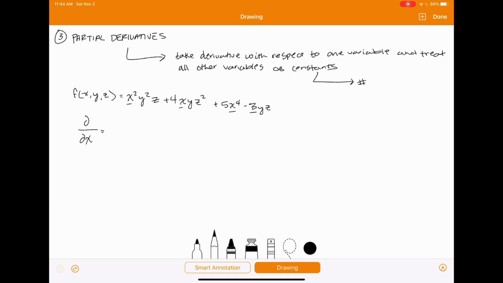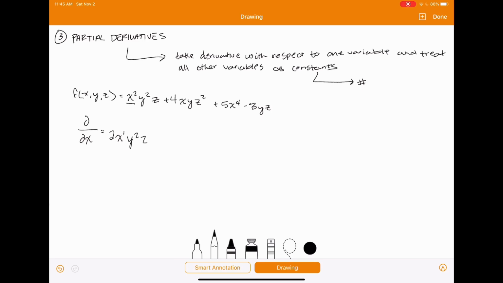When you take a derivative normally, if we just had 4x squared and we wanted to take the derivative with respect to x, you would just bring this number out in front, multiply it by all of the constants, and then take your x and subtract 1 off of the power. So we're just going to do the same thing. Our variable here is x. We bring that 2 out in front, multiply it by x, subtract 1 off of the power, and leave everything else as constants the same.